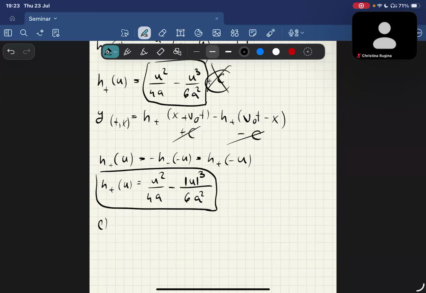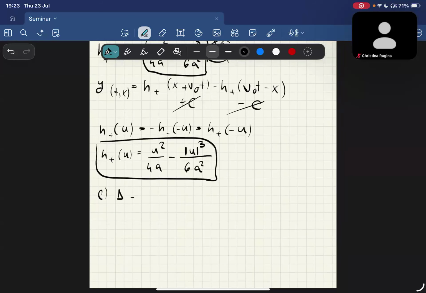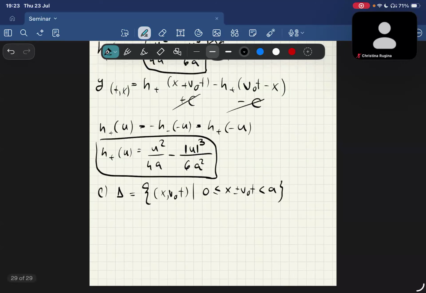So this is point C. We have the domain D, which is equal to x, v0t such that 0 less or equal to x plus minus v0t less than a. Okay, so we have to get the solution of y from this domain.